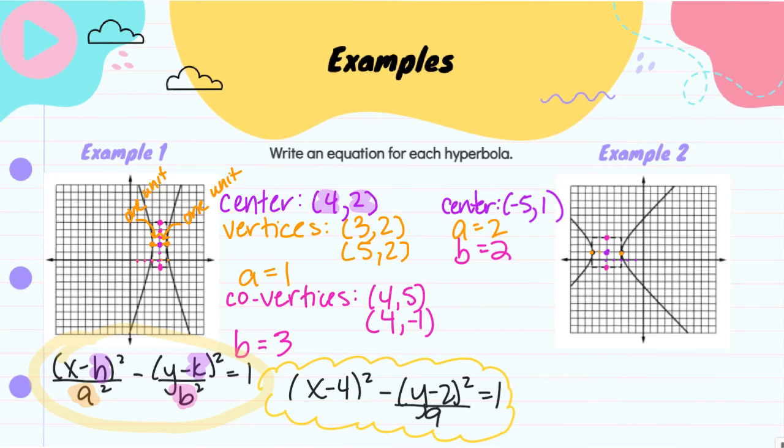We're just going to replace h with negative 5, so x minus negative 5, which would be plus 5, because the negatives cancel, squared over 2 squared, which is 4, minus (y minus 1) squared over b squared, which is 2 squared, which is 4, equals 1. And this is the equation of the hyperbola for example 2.